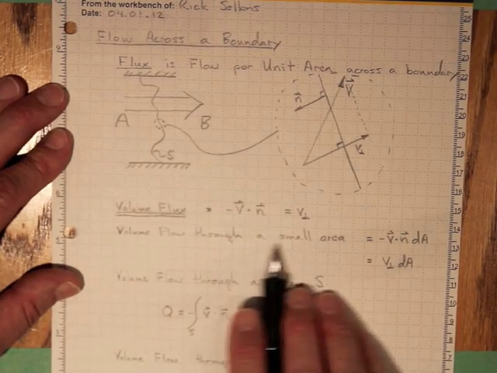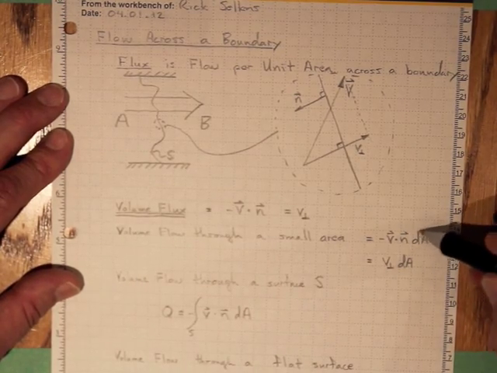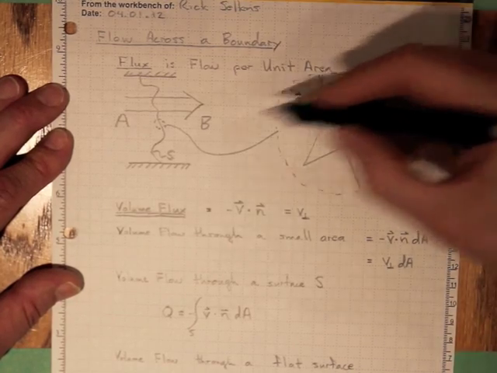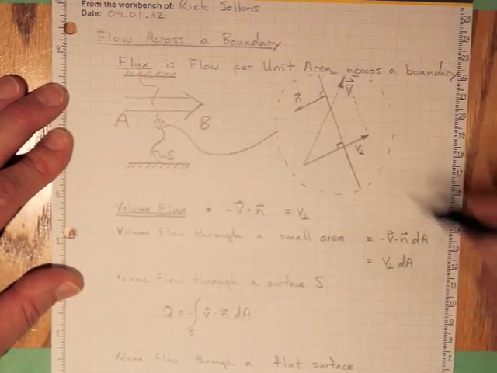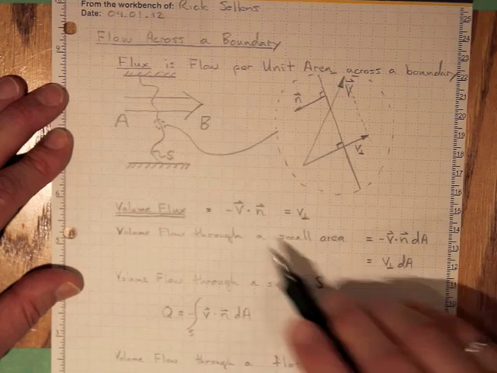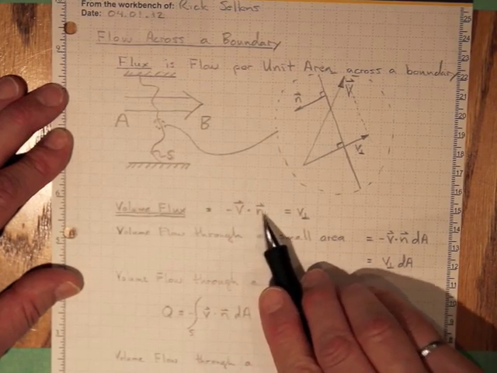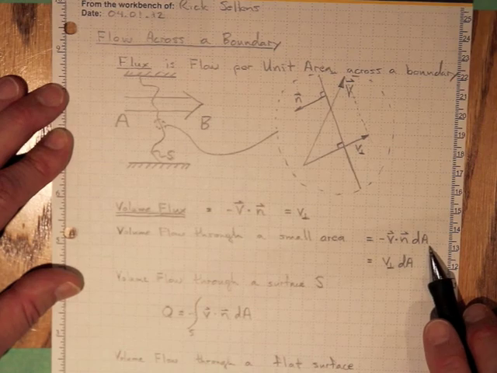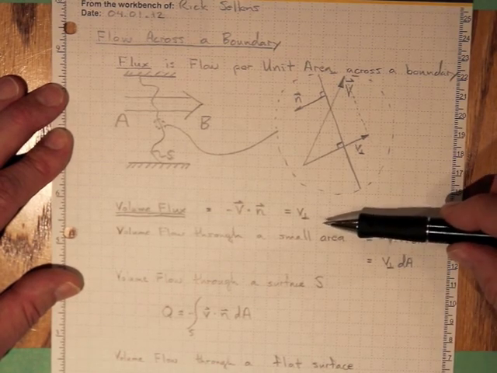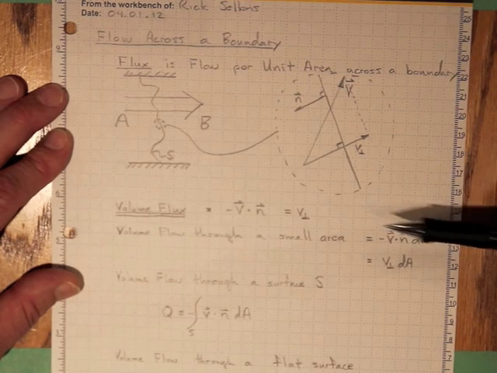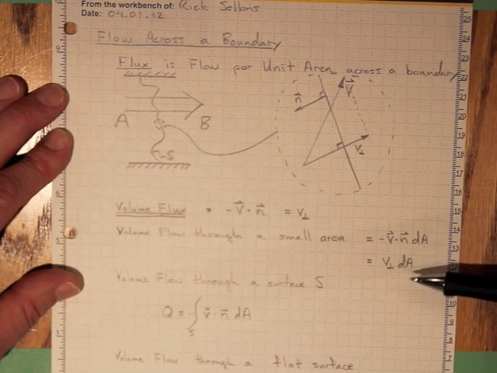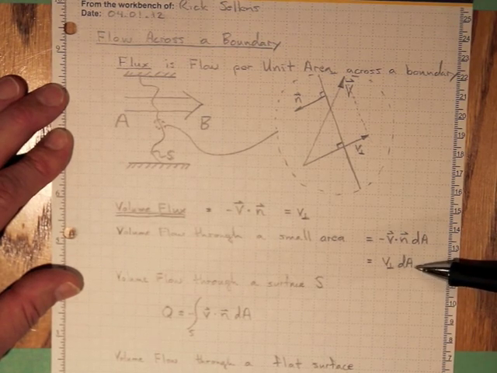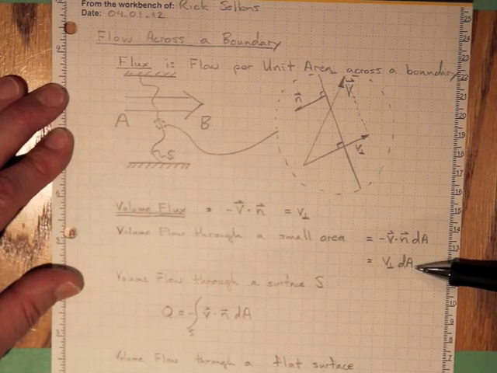Now, volume passing through a small area dA, a little chunk of surface here, will be negative V dot n times the area. So we go from a volume flow per unit area to just a volume flow by multiplying by that incremental area, or just the perpendicular velocity times that incremental area.